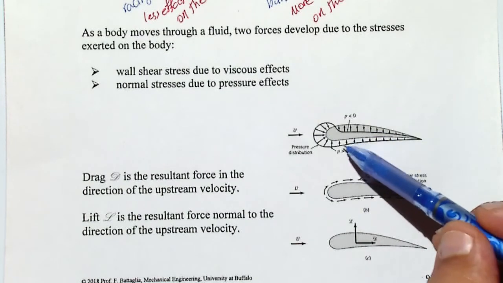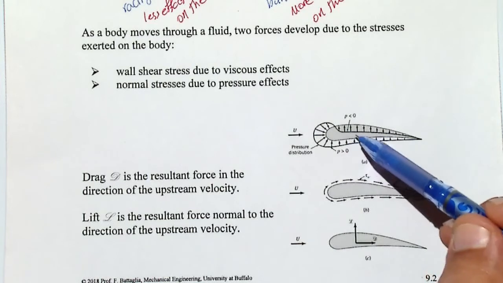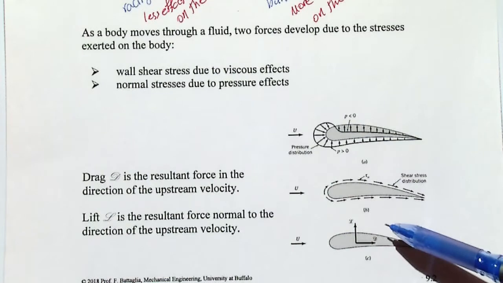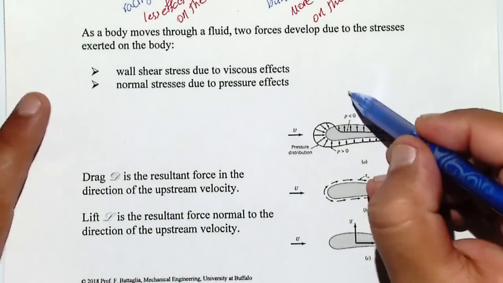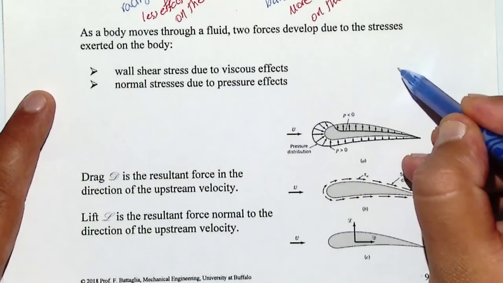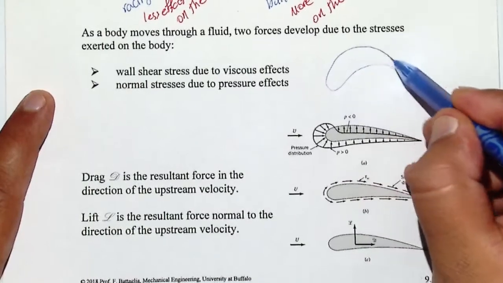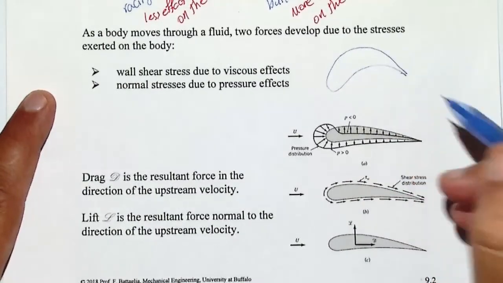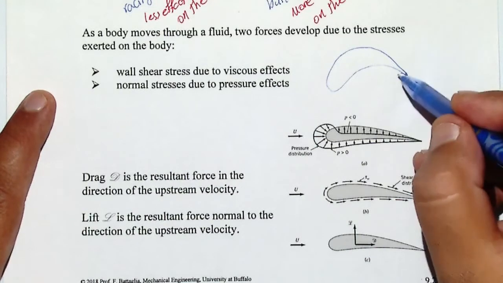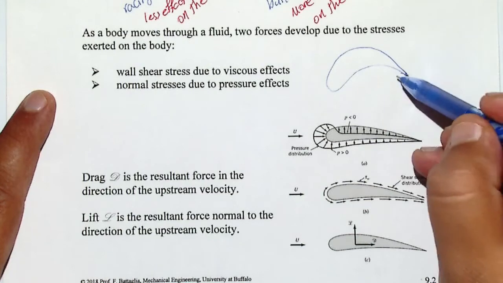But what about the normal stress? Why do we have this distribution of the pressure all over the body? So if you assume that that's my streamline shape, the object, I make it somehow like this. That's going to be, for example, your airfoil.